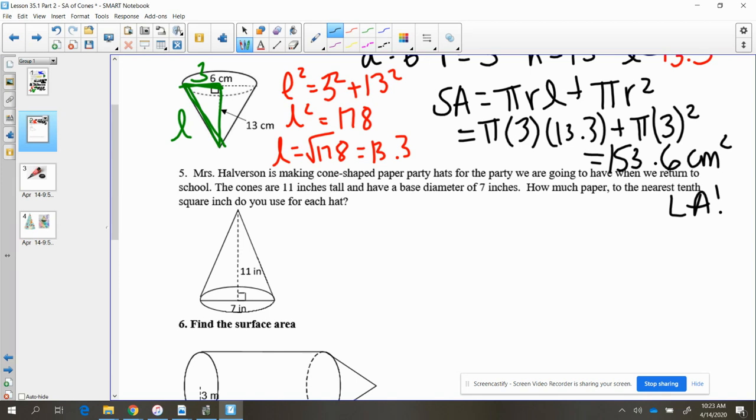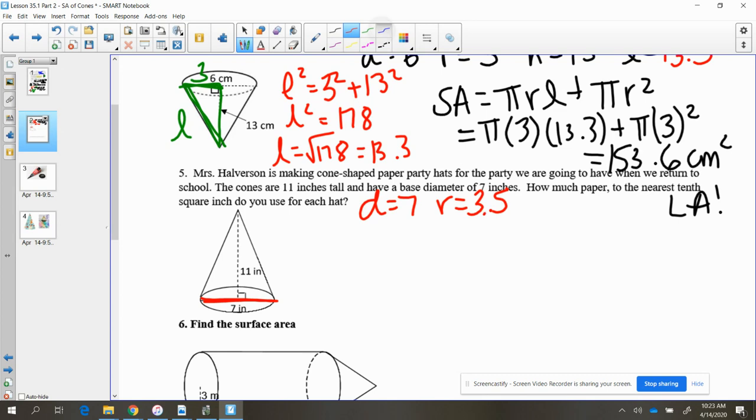So again, with lateral area or total surface area, we need the radius and we need the slant height. Notice they gave us the diameter is 7, which means the radius is half of that, so 3.5.